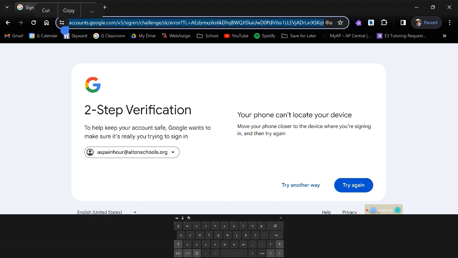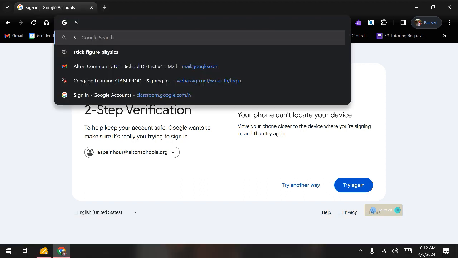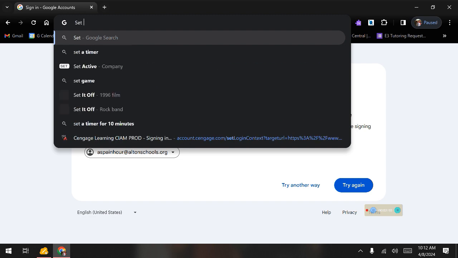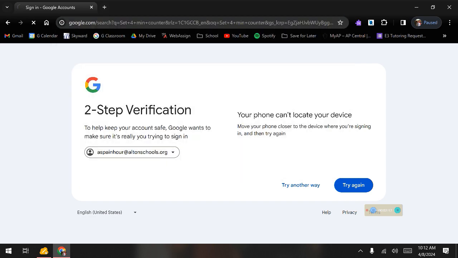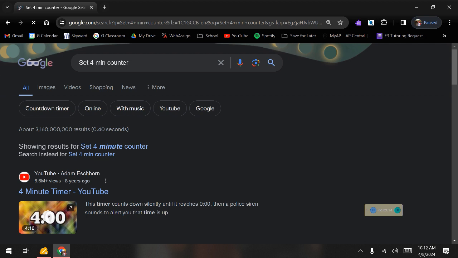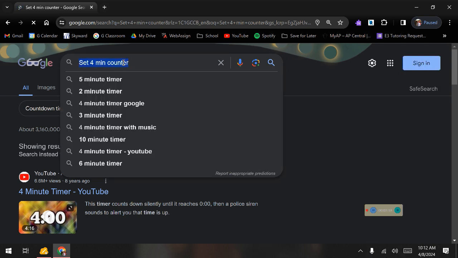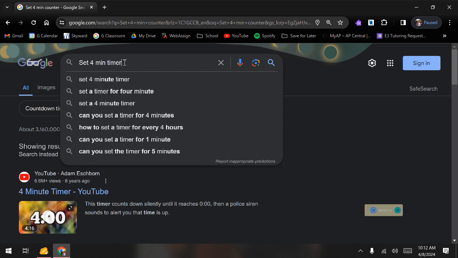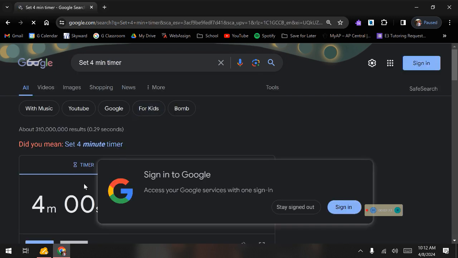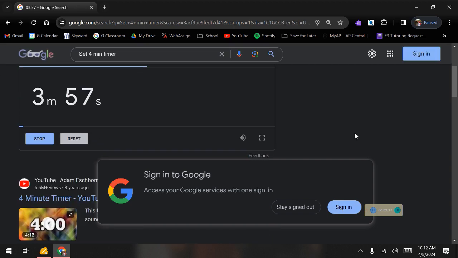For the sake of people online, let's set a 4-minute counter so they know. Timer, whatever. How far? Well, if you force electron has to equal force of gravity, right?